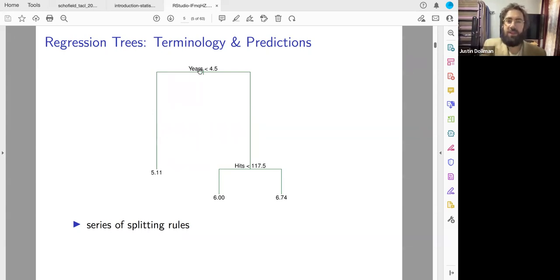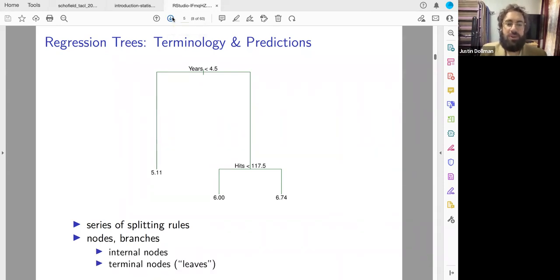So notice that at the top, we have years less than 4.5. So that is the node. In fact, that's a root node, and the root node is one of a set of internal nodes. There are two types of nodes fundamentally: internal nodes and terminal nodes, which, because it's a tree, can also be called leaves.